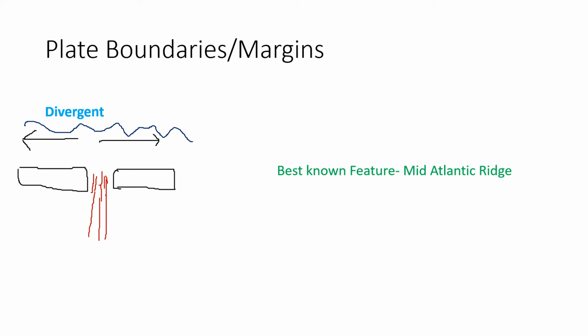As it continues to rise, filling the space, sometimes you'll have volcanic eruption and you'll have a ridge being formed. So this is what your ridge might look like. Now it doesn't stop here.